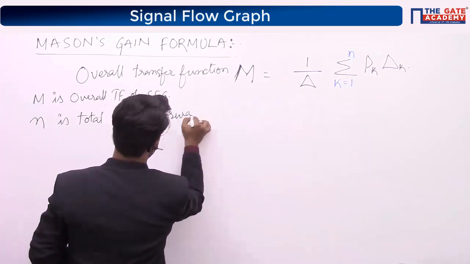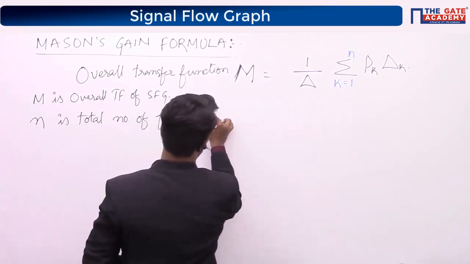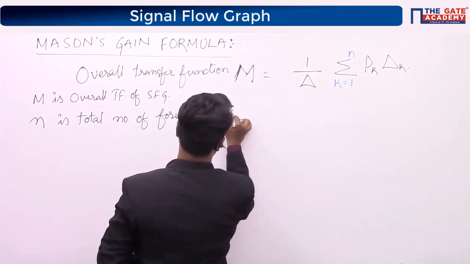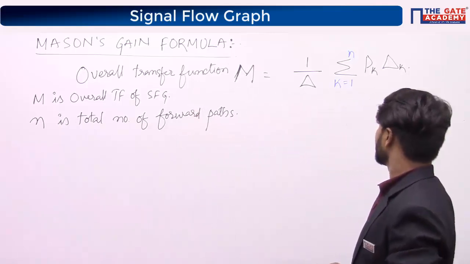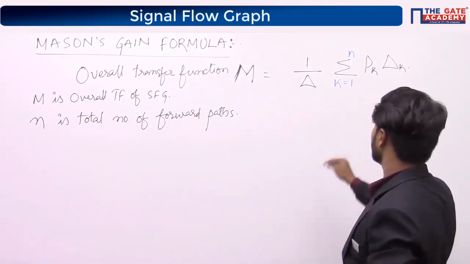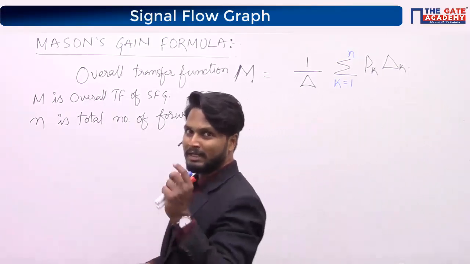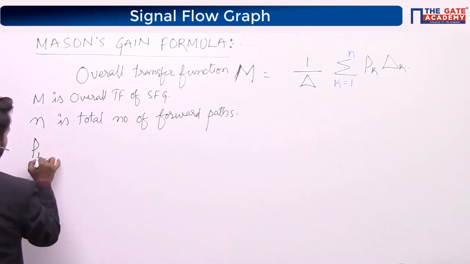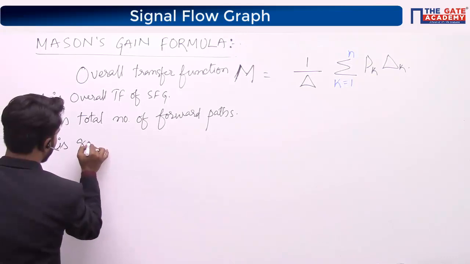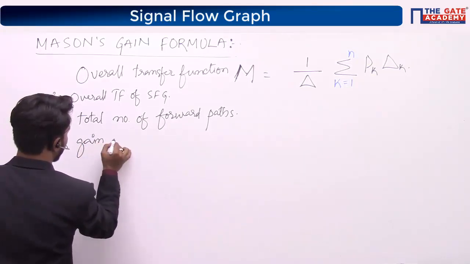N is the total number of forward paths, right? And PK is the gain of kth forward path.